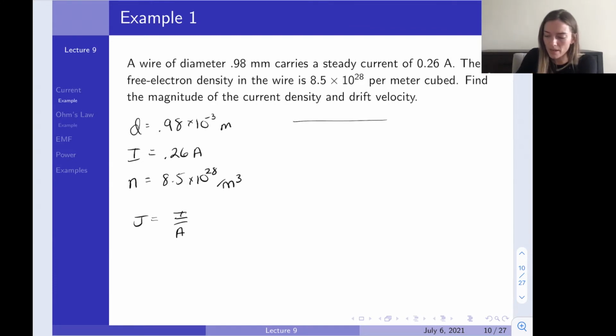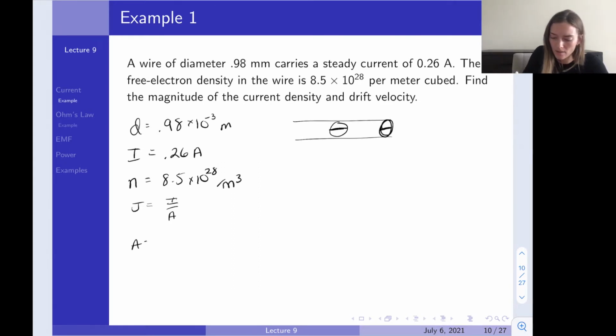So imagine we have a wire like this and its diameter is basically 1 millimeter. So the area of our little wire will just be pi r squared, but r is going to be 1/2 the diameter, so we'll say pi times the diameter over 2, squared.